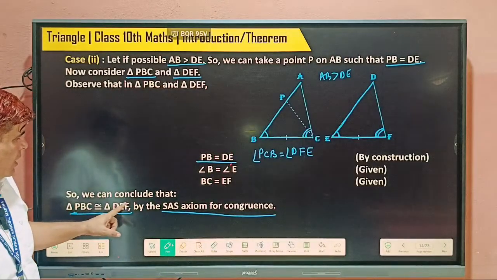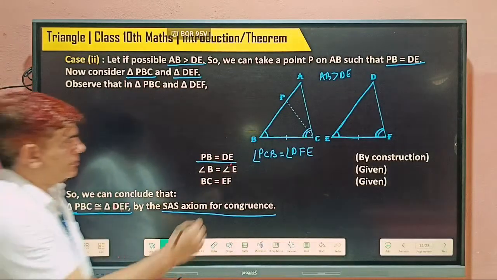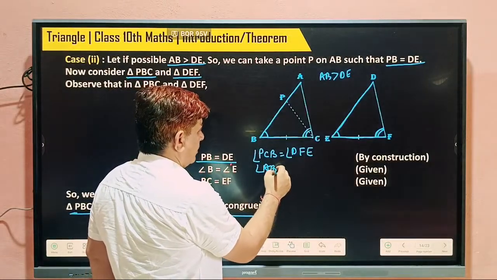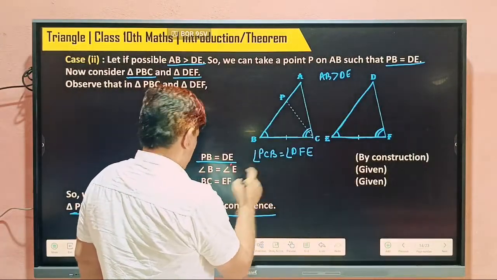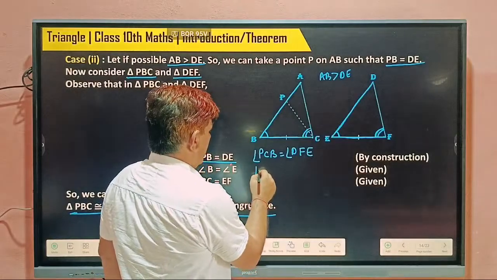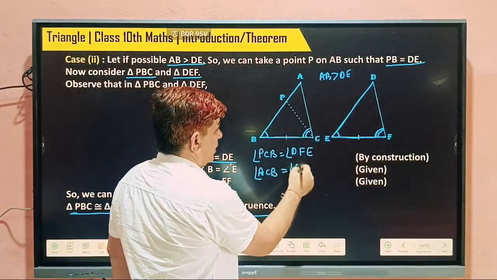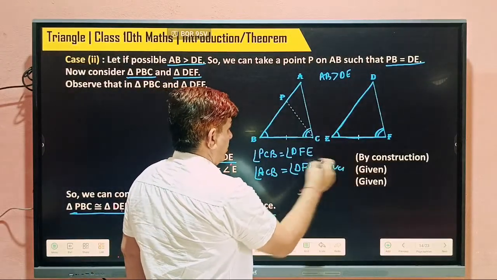PCB, DFE, correspondence is this. But what's given? Angle ACB equal to angle DFE. This is given.